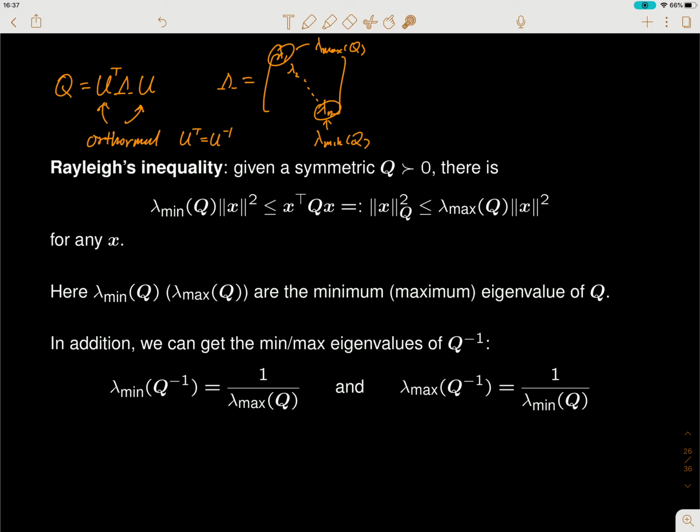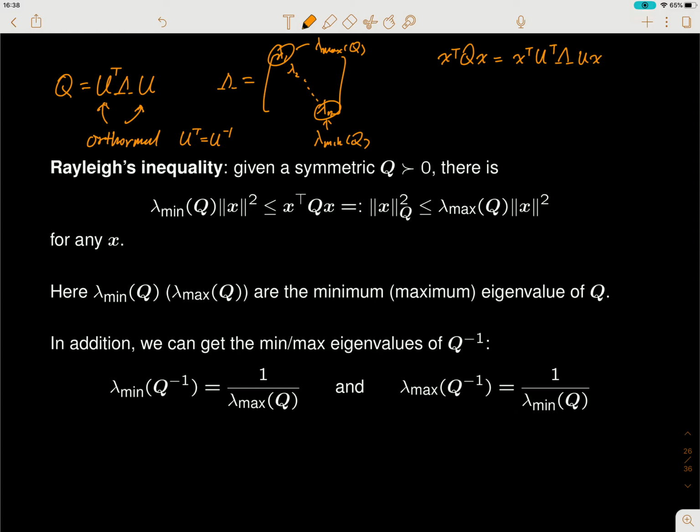Let me show you why this is true. So I check x transpose Qx. For any x, I write this x transpose Qx, but remember Q has this eigenvalue decomposition, which is U transpose lambda U. So this should be x transpose U transpose lambda Ux.